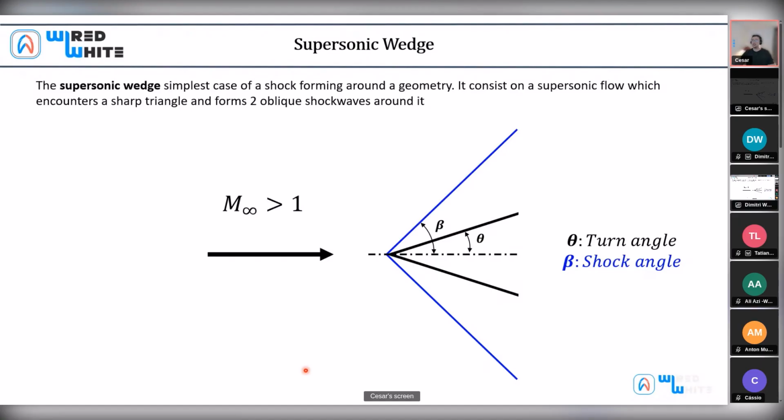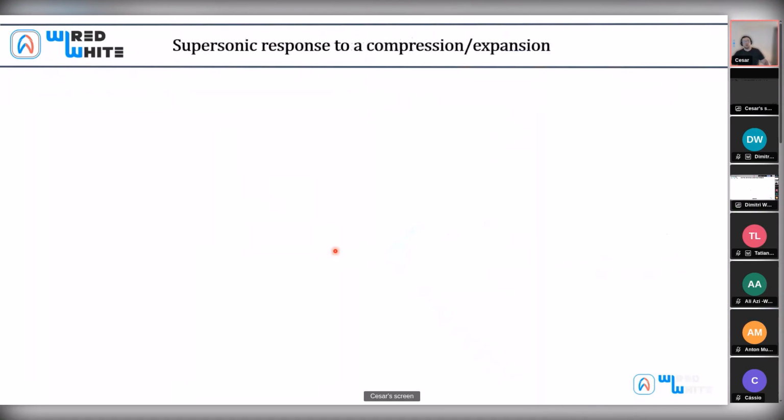What we have is a supersonic flow which encounters a wedge, encounters an object, and therefore a shock wave is formed because the information cannot travel upstream. Before going any further, what we have to understand now is the supersonic response to a compression or an expansion.